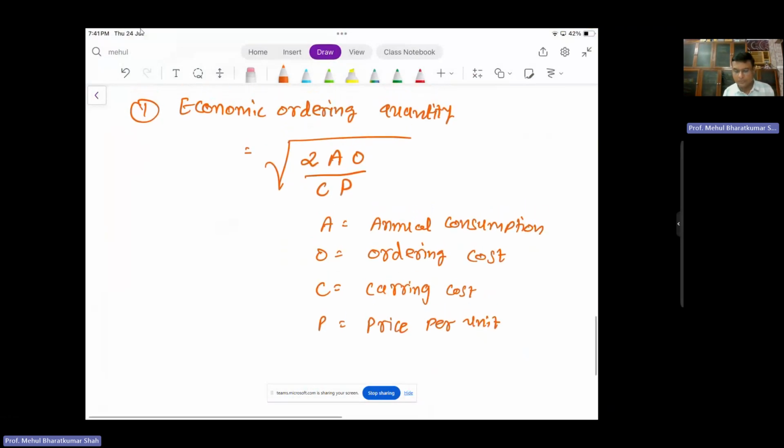So it is about economic ordering quantity: under root 2AO divided by CP.